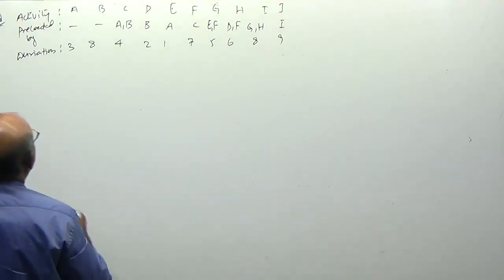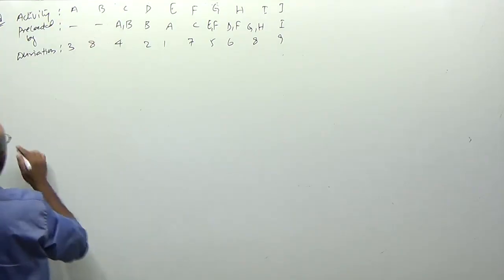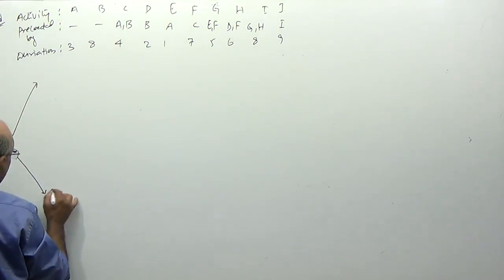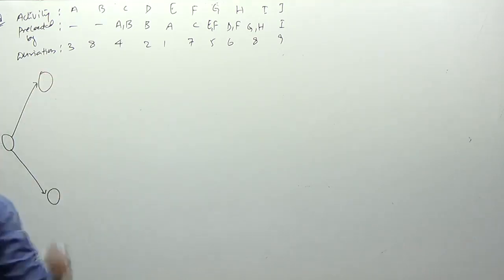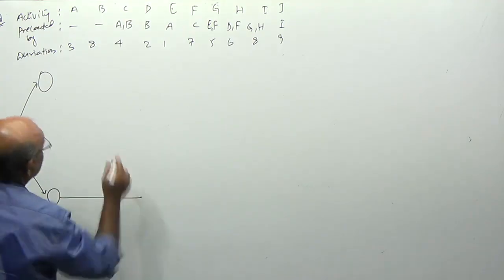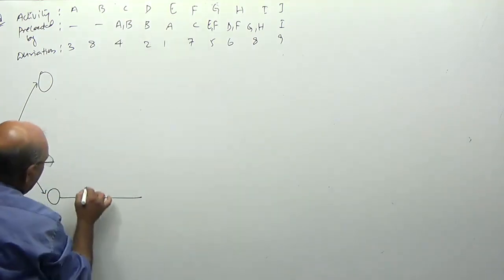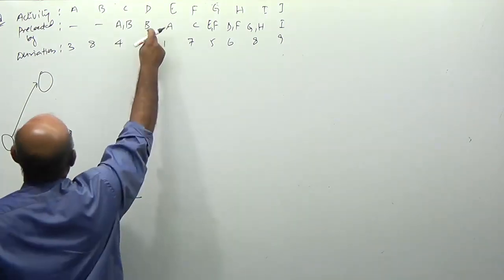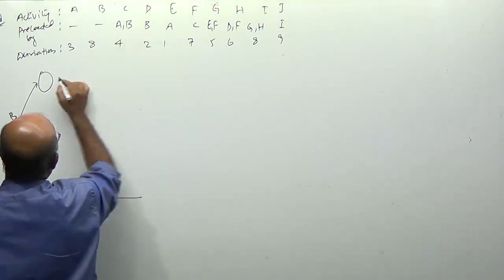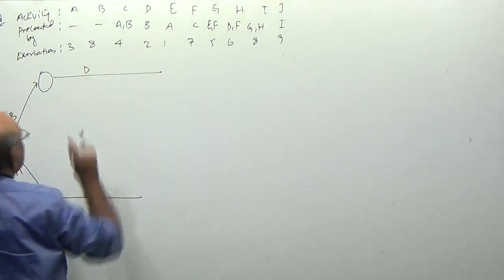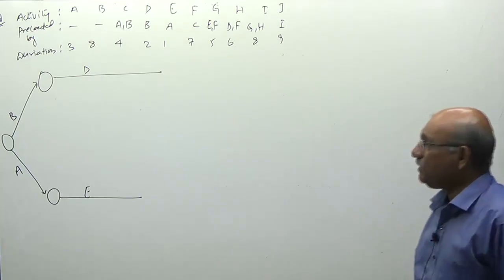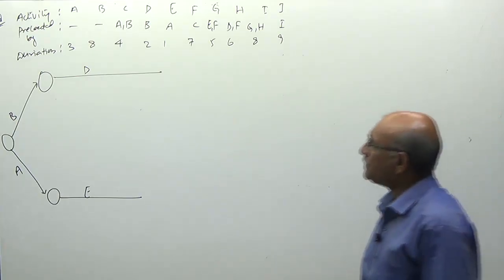Look at this. Activity A and B are independent activities. As and when activity A is over, you can start activity E. As and when activity B is over, sir, you can start activity D. Clear?